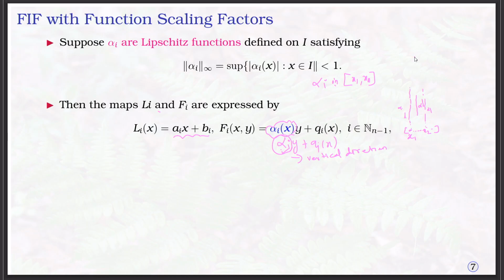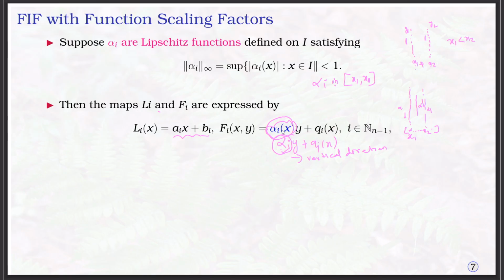That means if you take x1 here and x2 here, for example two lines, this is y1 and this is y2, assume that both are at the same height. If the height is L and you apply this function scaling, then alpha of x will act with respect to the x value. Assume that x1 and x2 are not equal. Obviously they are not equal, because we take x1 strictly less than x2.